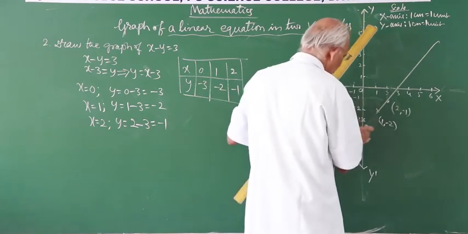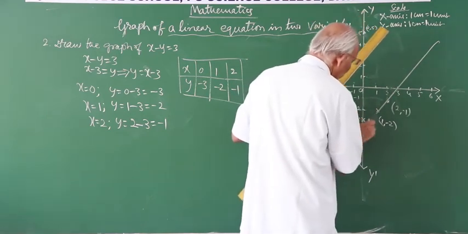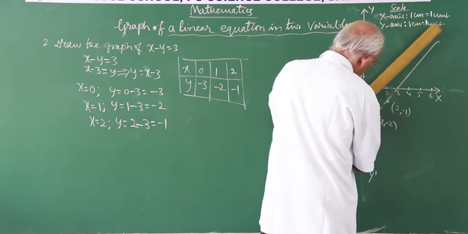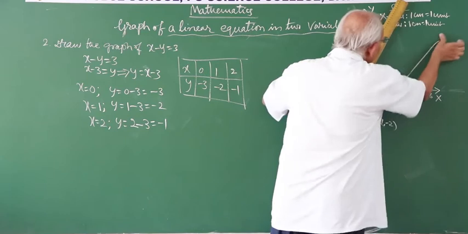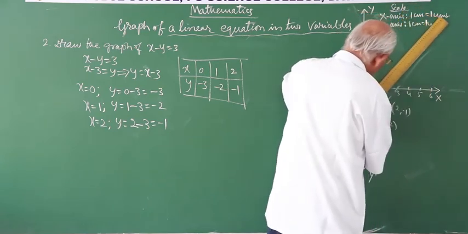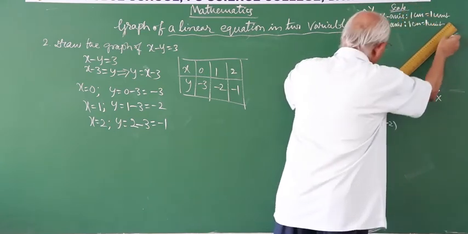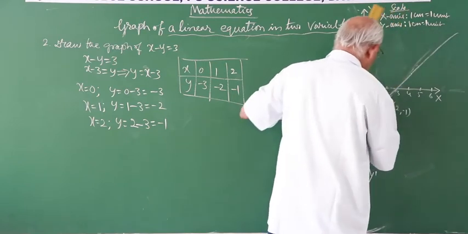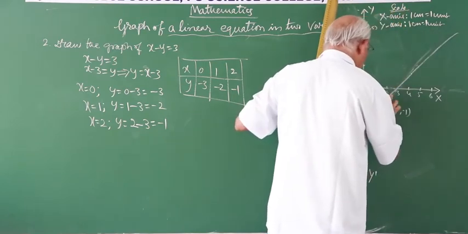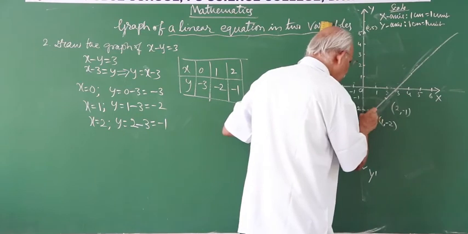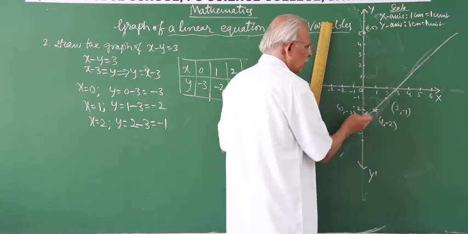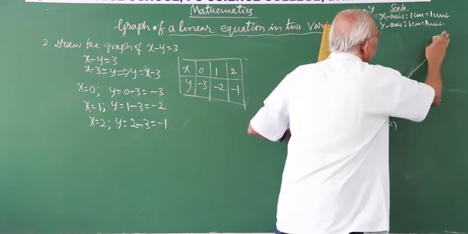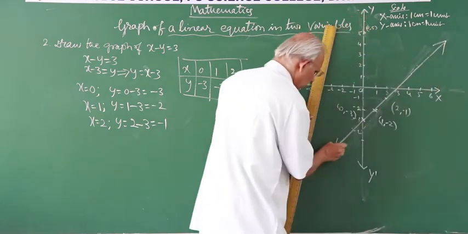So look here. 2 comma minus 1 is here, 1 comma minus 2 is here. This is 0 comma minus 3. So I am drawing the straight line like this.